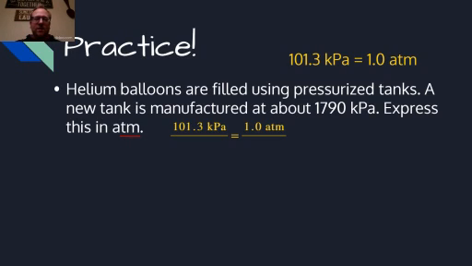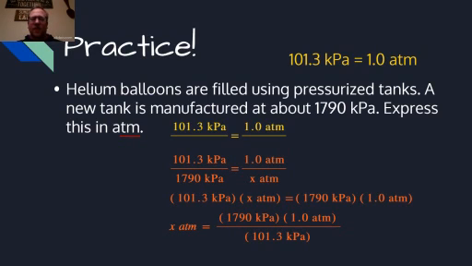Now I'm going to plug in the numbers that I get from the question. I'm going to put in 1790 kPa down here, and I don't know how many ATMs, that's what I'm trying to find out. Using cross multiplication and then division, I find that my pressure in atmospheres is 17.7. We'll round to three figures for most of our questions in here. It's actually 17.6 something, but it rounds up to 17.7.